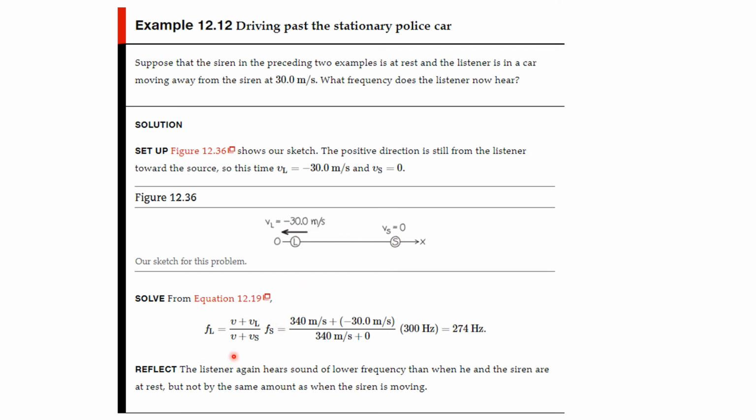Again, we're using the master equation. So the frequency of the listener is, we substitute things in here, but notice this is minus 30 because we're moving away from the source. We substitute all those in. We have the velocity of the source is 0. Substitute everything in, and we get 270 hertz.